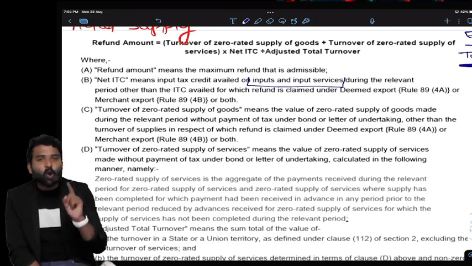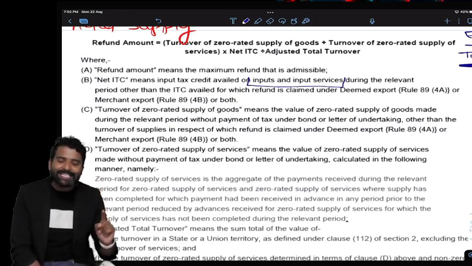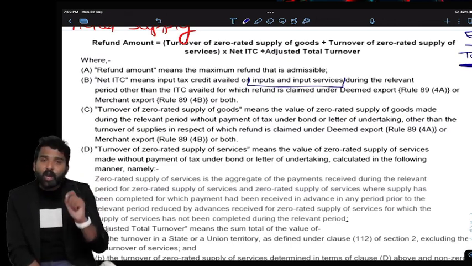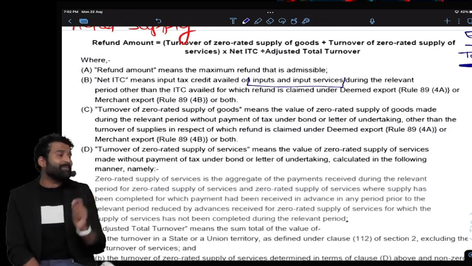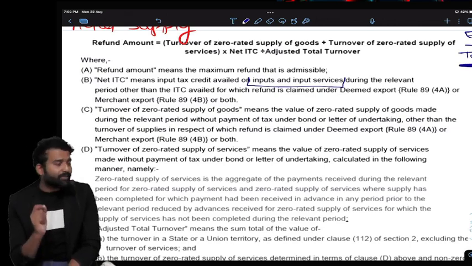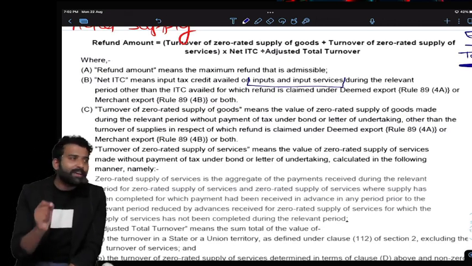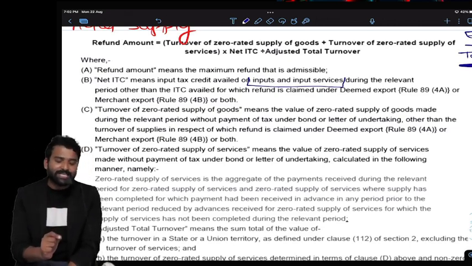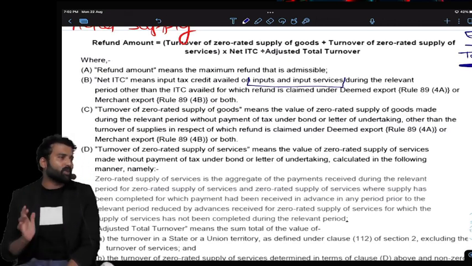They will not refund me ITC which is unutilized belongs to capital goods. That is very important. So I can claim refund of unutilized ITC only which belongs to input and input services, not with the capital goods. So this is very important.